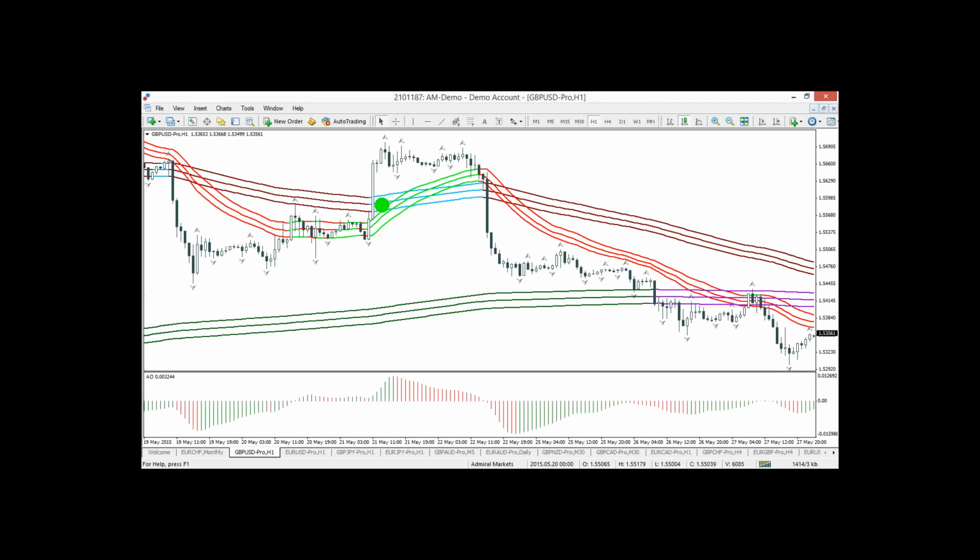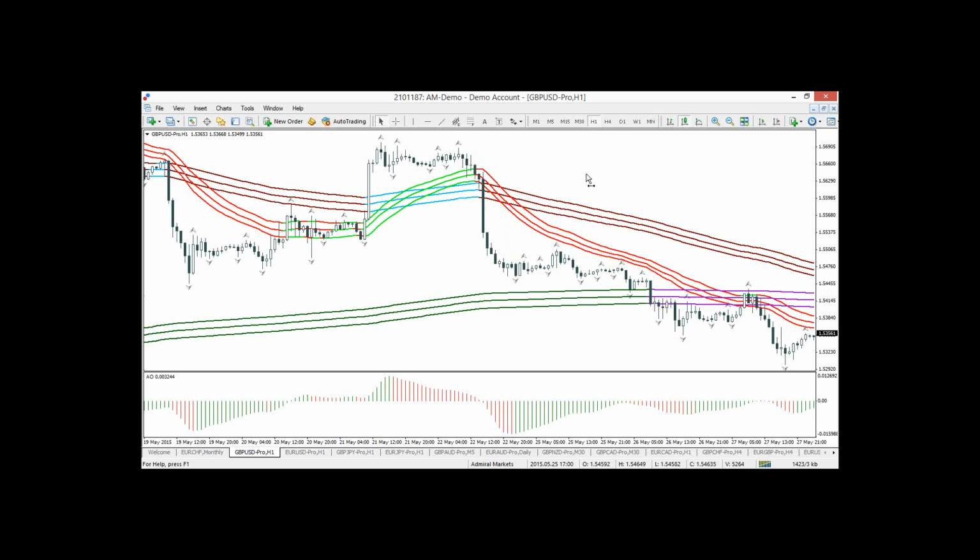Here we can see clear bearish price action, bearish momentum, strong candles going to the downside, corrective candles going to the side. So we see a follow through end of May.